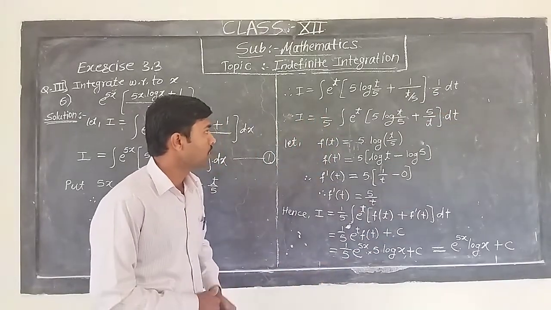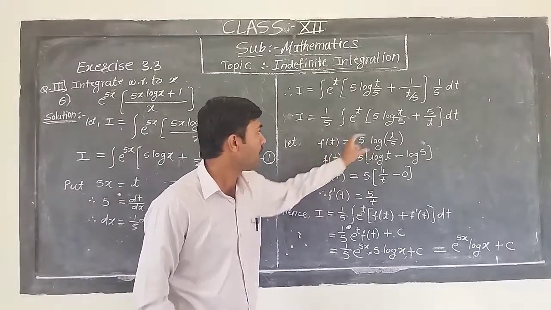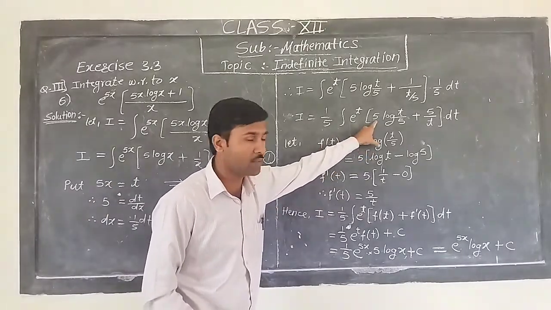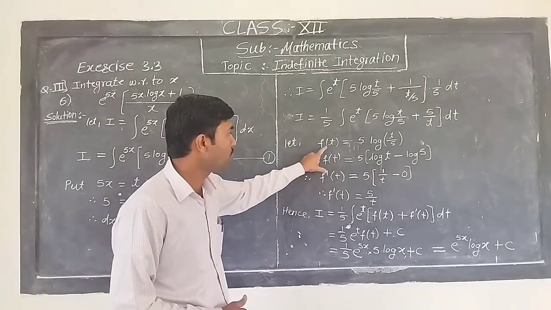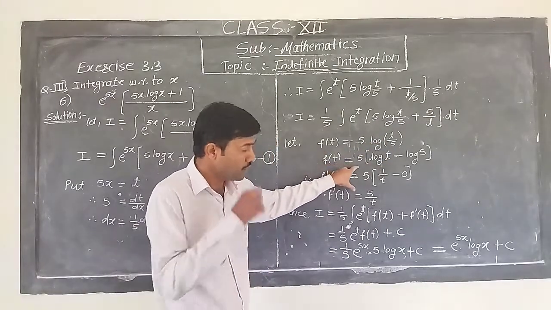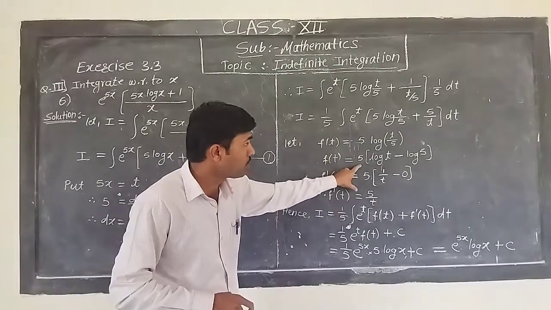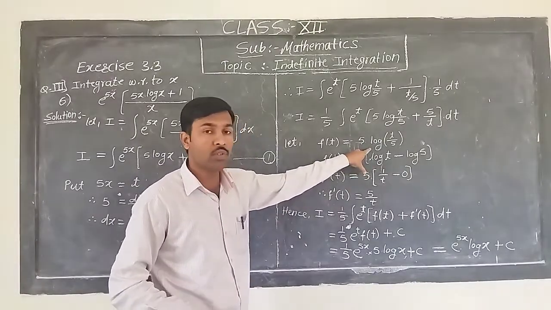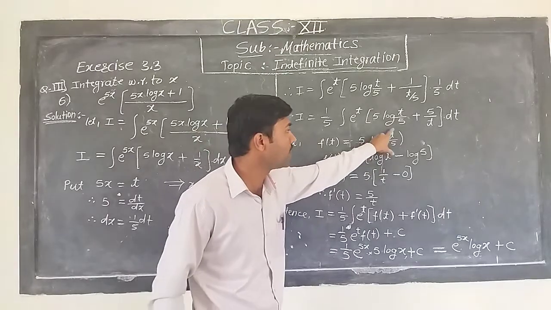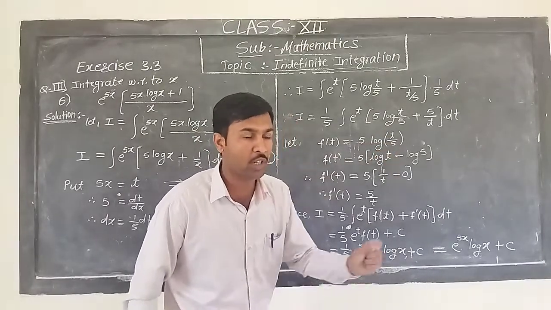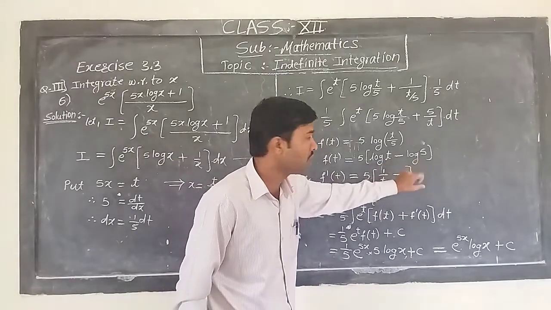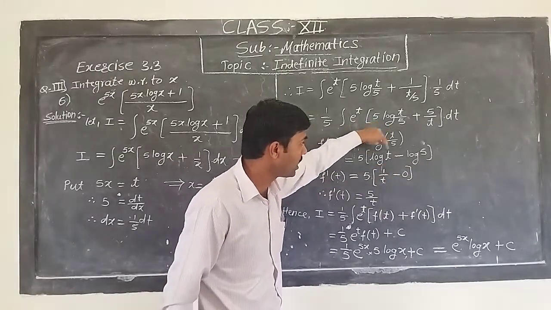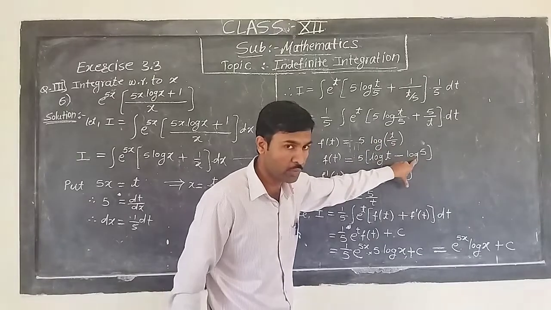Now let me put f of t as this term, 5 into log of t upon 5, so let us find its derivative. f of t is equal to 5 into, here I am going to apply the formula of log of m upon n, which is log m minus log n, so it will be log t minus log 5.